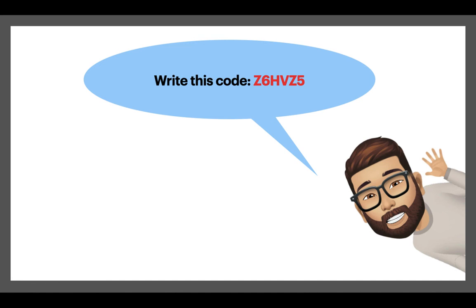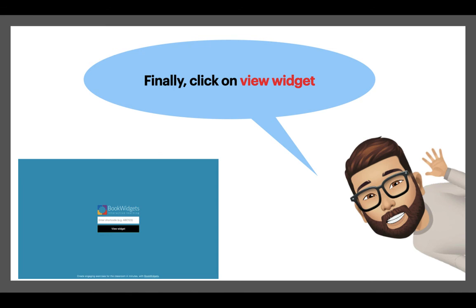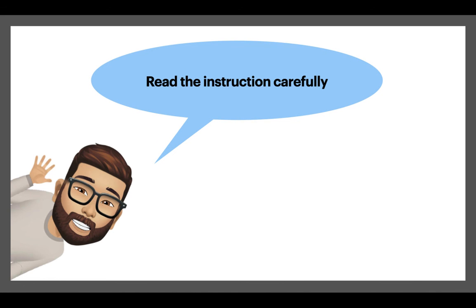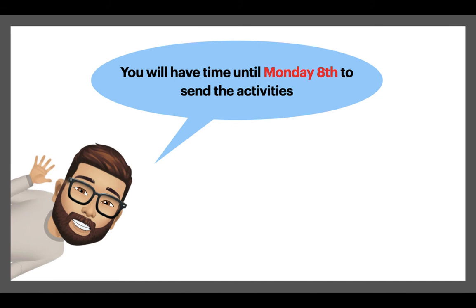Write this code Z6HBZ5. Finally, click on View Widget. Read the instruction carefully. Remember, when you finish, you have to send the activities to this email. You will have until Monday 8th to send the activities.